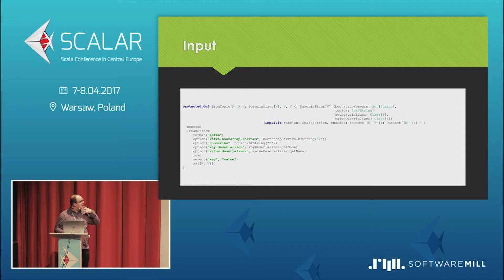Then with option, I have to provide the format-specific configuration, so topics, the bootstrap servers, the serializers. And then when I call load, I get a fully configured data frame from it, which I can then convert to a dataset. These are the two last lines. So this is how it's done, and this is a data frame that already has a stream behind it, the unbounded table data frame.